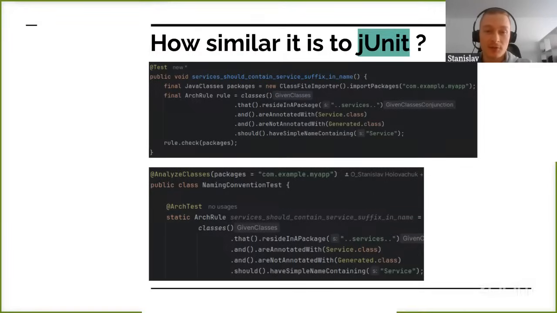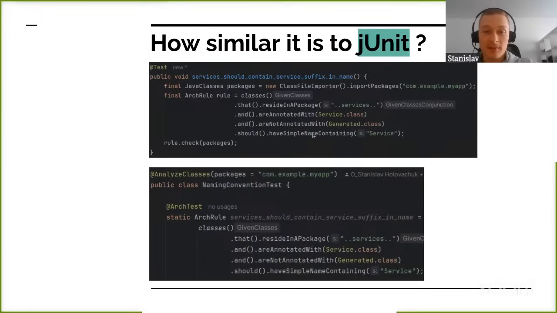Here are two screenshots of basically the same tests doing the same thing. Both are ArchUnit tests, but they are implemented in different ways. The first one is using the JUnit test annotation, and it follows the given-when-then structure, where the given is packages, the rule is your invocation, and the rule check is the assertion.